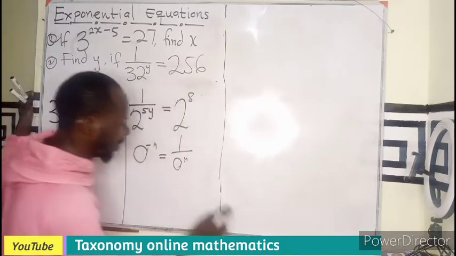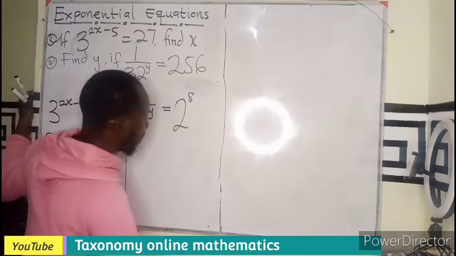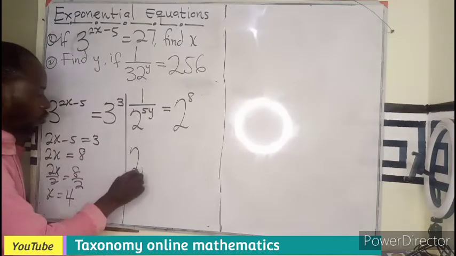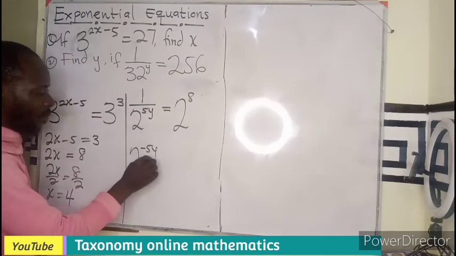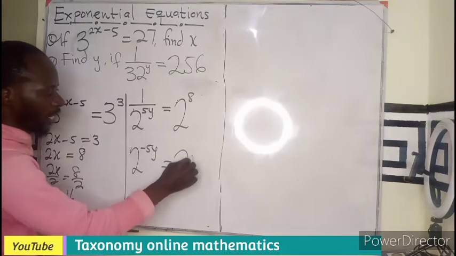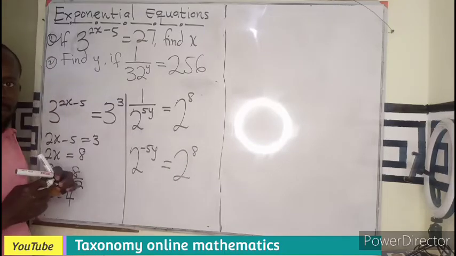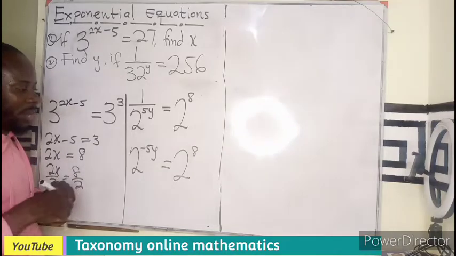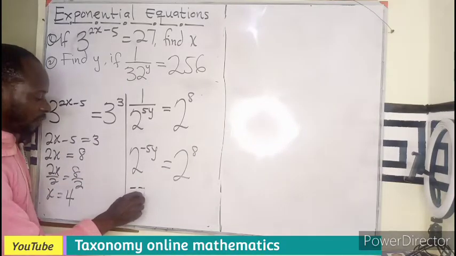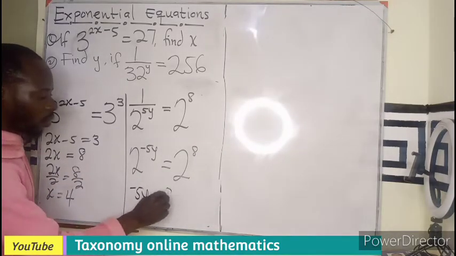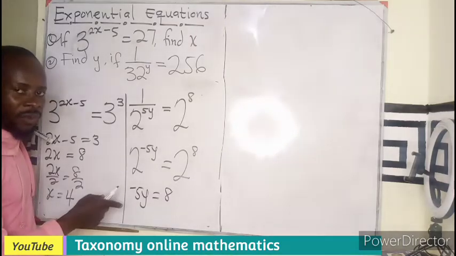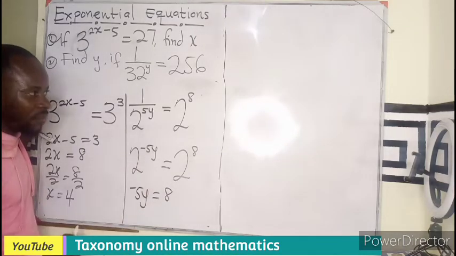So that simply means that here will become 2 exponent minus 5y equals 2 exponent what? 8. So since the bases are the same, we equate the exponents. So minus 5y equals what? 8. We are looking for y, so we divide through by the coefficient.